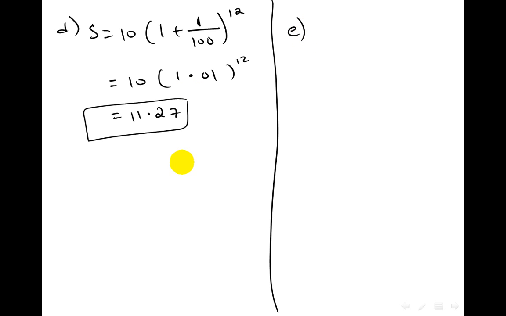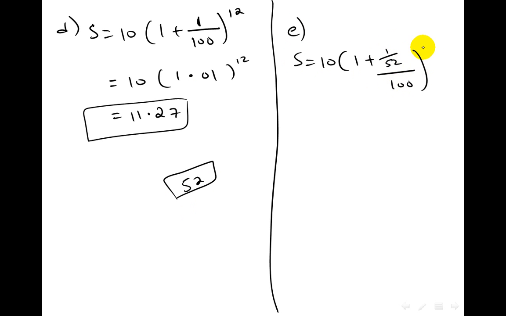By the way, you have 52 weeks in 1 year. So we'll divide the 1 year by 52 weeks, because I put it like this because I don't want you to get confused. 1 year must be divided by 52, then the answer divided by 100, then added to 1.